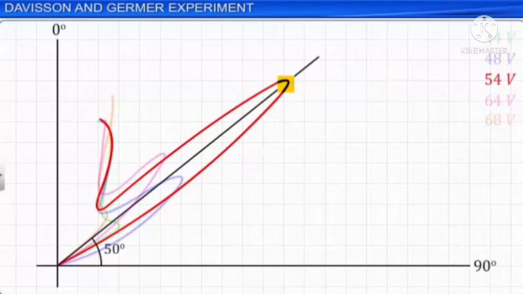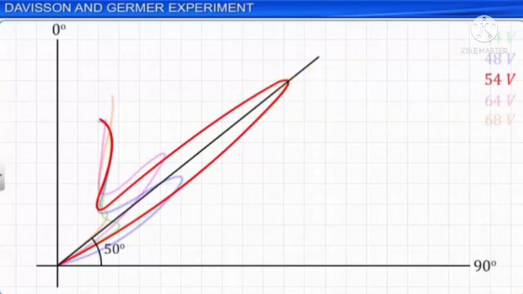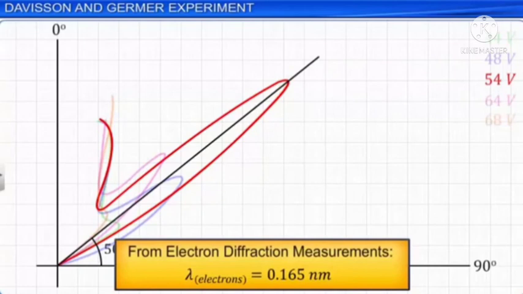The appearance of the peak in a particular direction is due to the constructive interference of electrons scattered from different layers of the regularly spaced atoms of the crystal. From electron diffraction measurements, the wavelength of matter waves was found to be 0.165 nanometers.